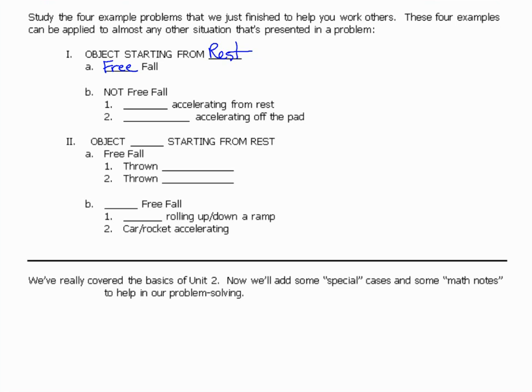Some examples would be a car accelerating from rest or a rocket accelerating off of the pad. Both of these would start at rest, but they are not free fall. They would have a different acceleration, different from the acceleration due to gravity that we experience in free fall.